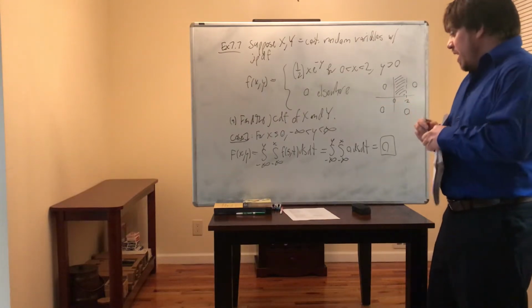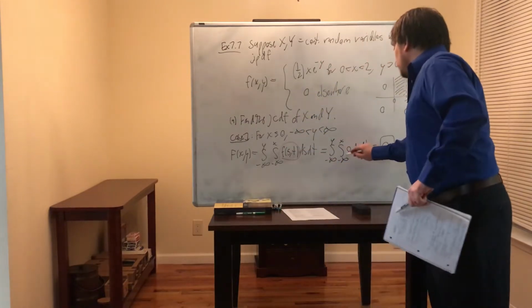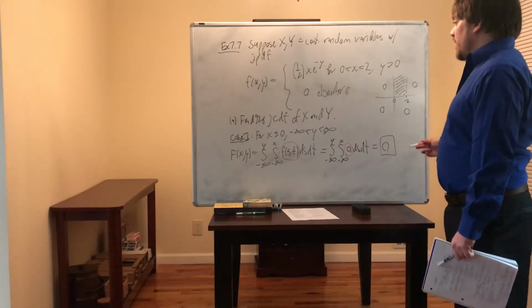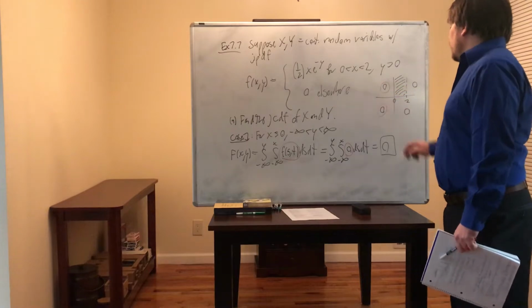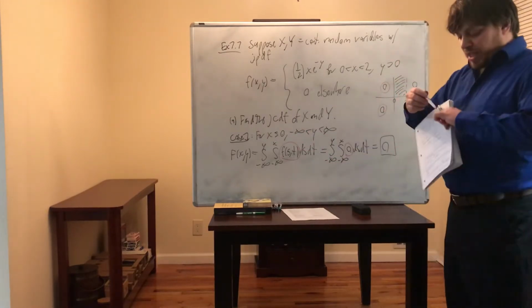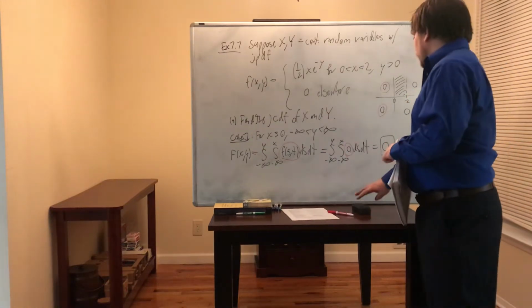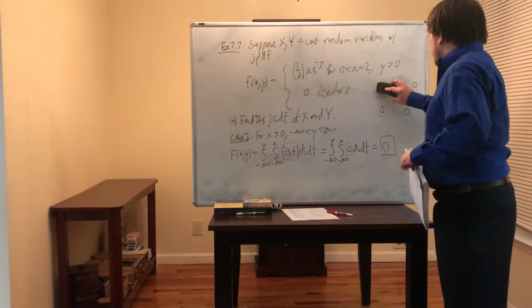That's because f is 0 here, as we're looking at values to the left, when x is less than or equal to 0 and any y value. And when you double integrate 0, you get 0.